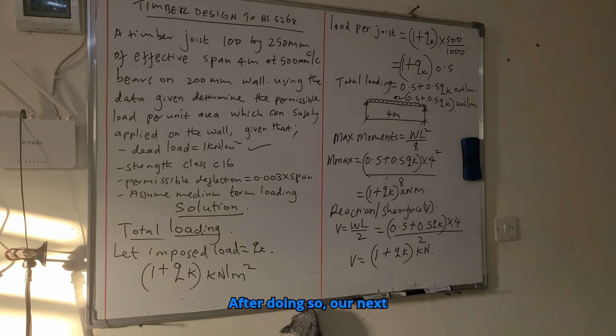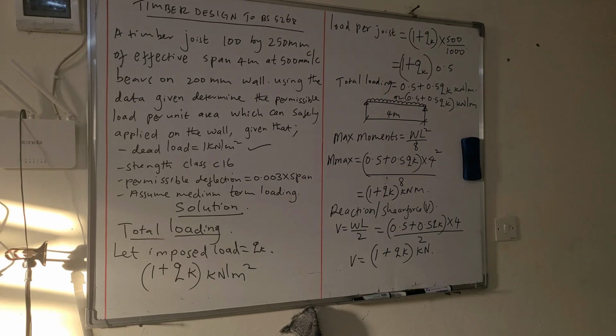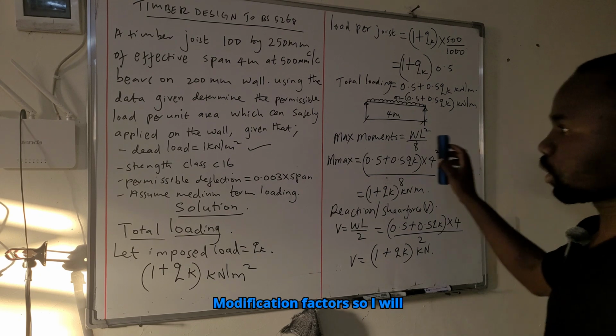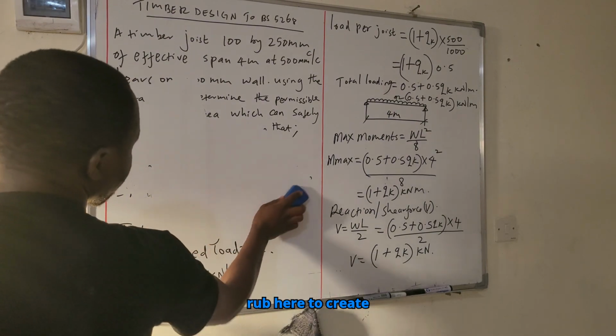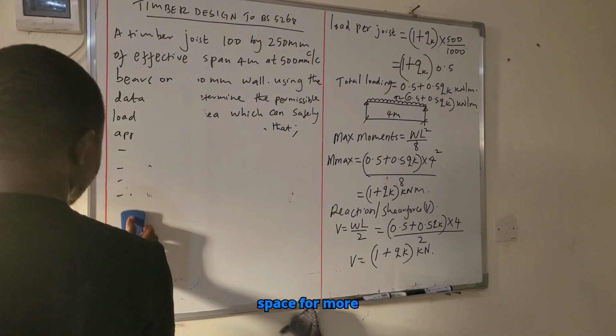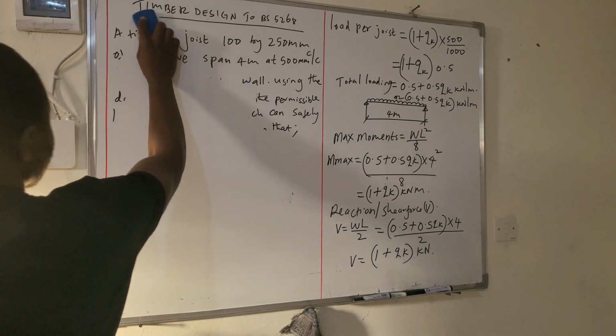After doing so, our next thing to do is to proceed to modification factors. I will rub here to create space for more calculation.